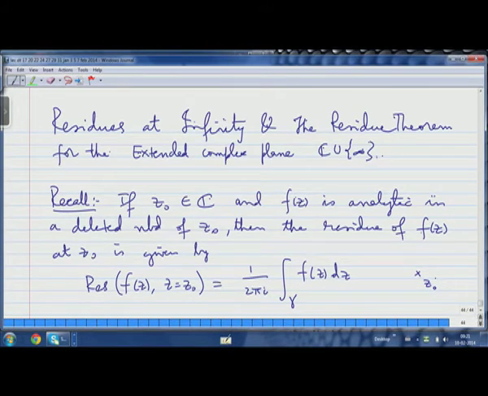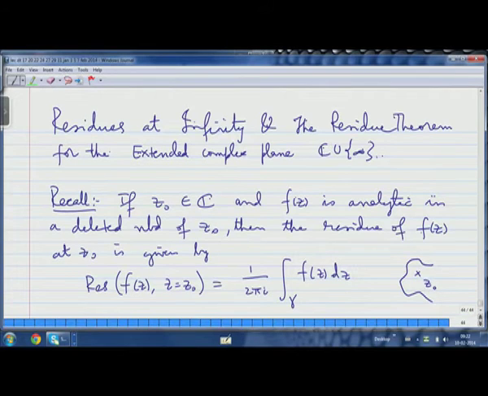So z0 is this point, and of course there is a sufficiently small deleted neighborhood of this point. In particular there is an open disk of sufficiently small radius surrounding that point, where the function is analytic, and then I am just taking a simple closed curve gamma.